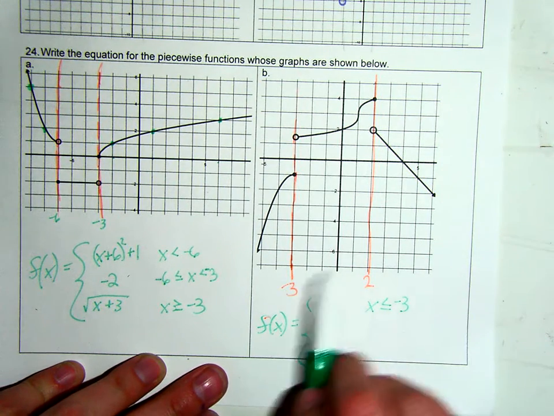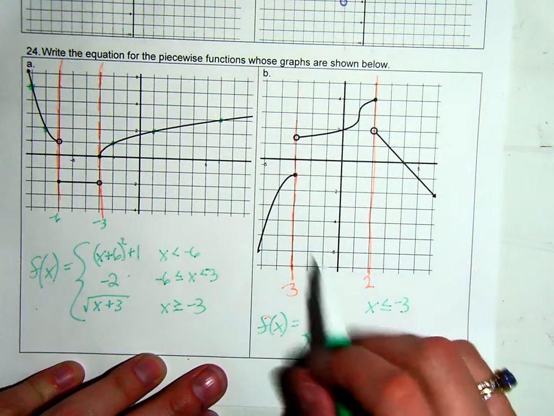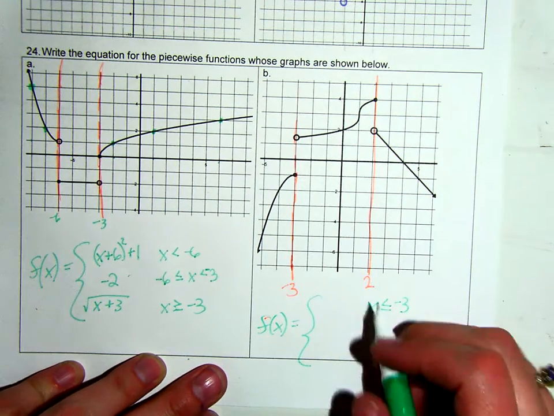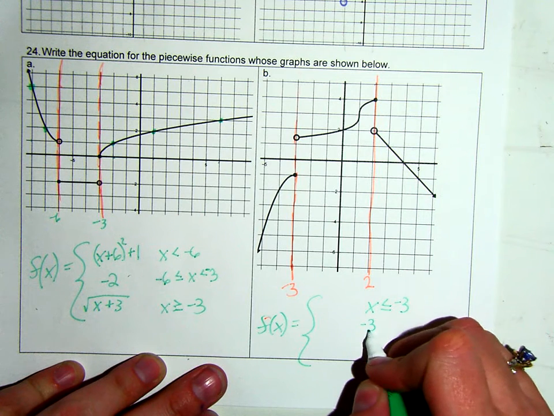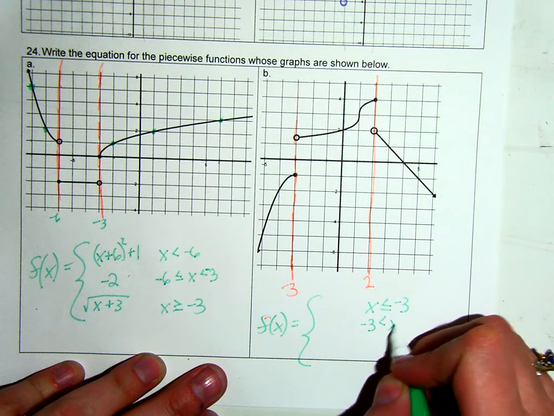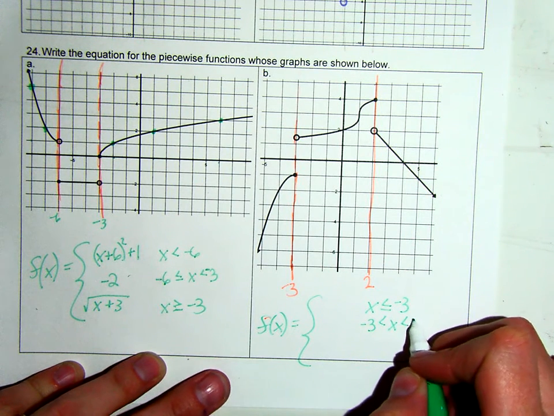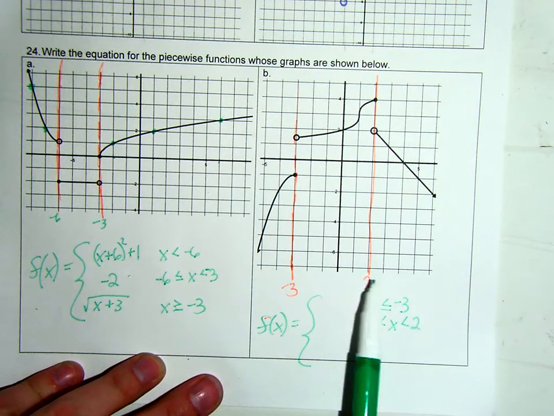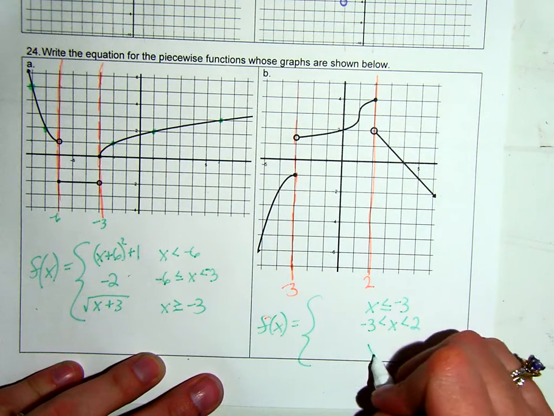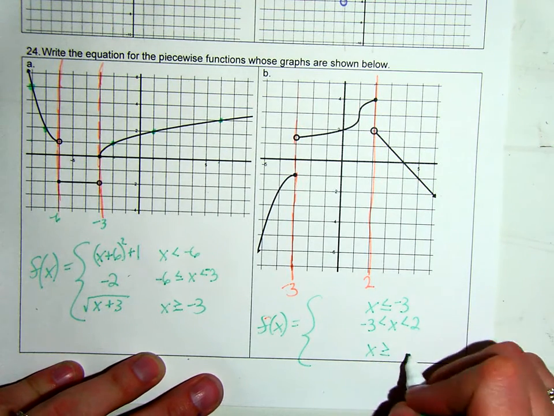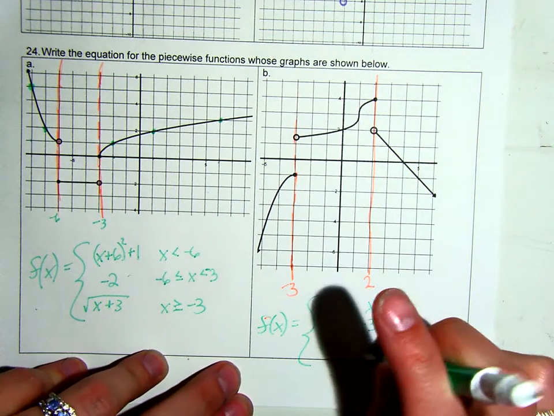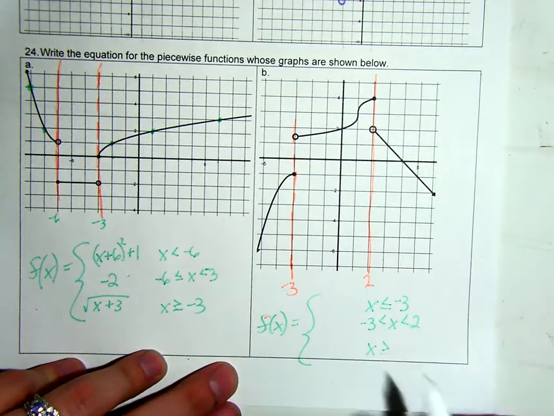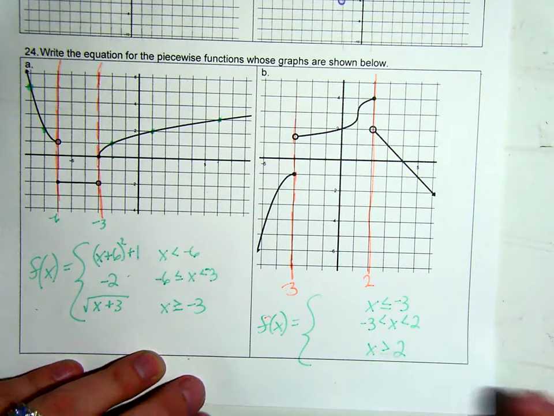My next section is between -3 and 2. I have an open and a closed, so -3 less than x less than 2. And my last section is x greater than or equal, oh, nope, sorry, not equal to, it's an open circle. X is greater than 2.